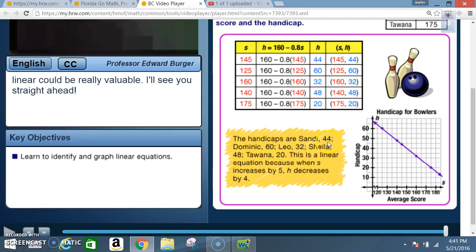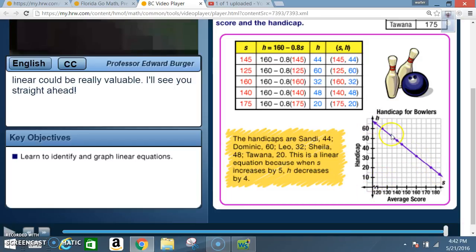Okay, one additional thing you need to notice about this particular graph. Now, you can see that it's linear. It's a straight line. But notice how it goes through the y-axis, and it's not going through at 0. So whenever a line does not go through 0, or has a y-intercept other than 0, we know the line is non-proportional.